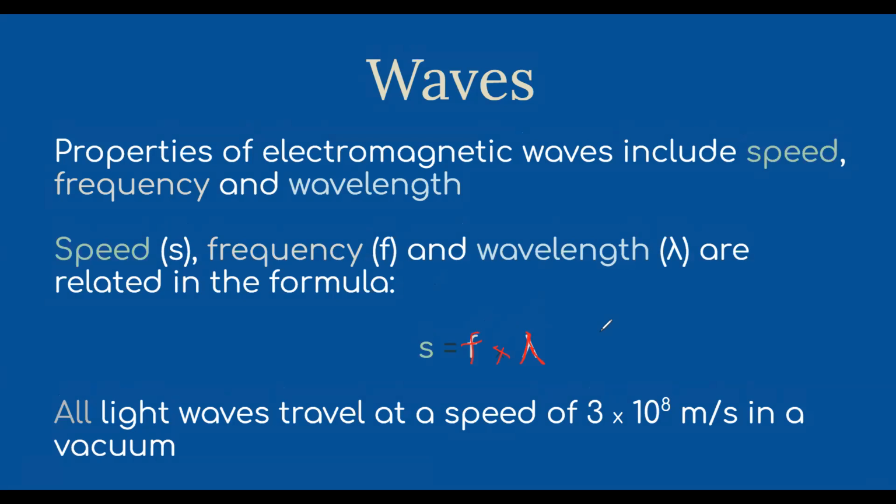But all you guys need to know is that waves do happen at a speed. And if we wanted to rearrange the equation, we can figure out the other ones. All you guys need to know is that there is some correlation between frequency and wavelength.